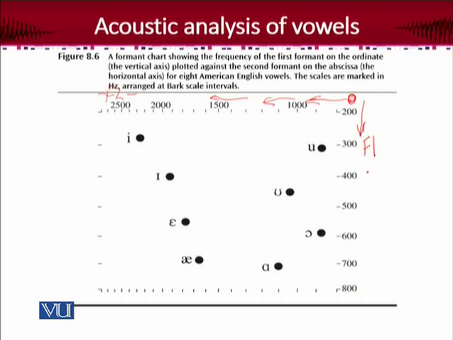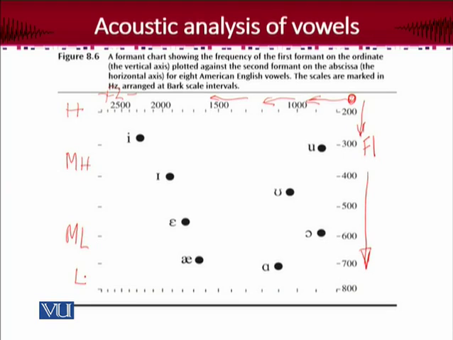F1 is increasing towards the lower position. So this is the inverse relationship, okay? When the F1 is smaller, when it's a low value, then the vowel would be higher, since this is the higher position, and the mid-high position somewhere here, the mid-low position, and then the low position, right?